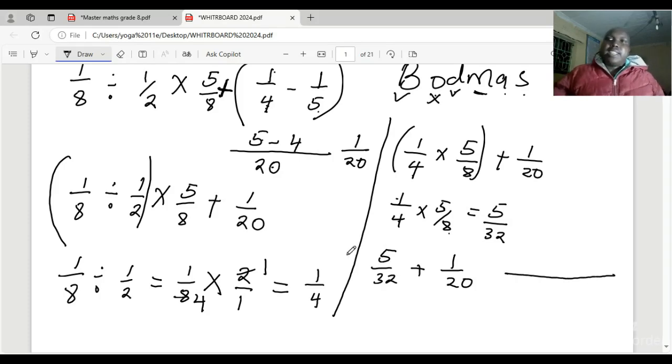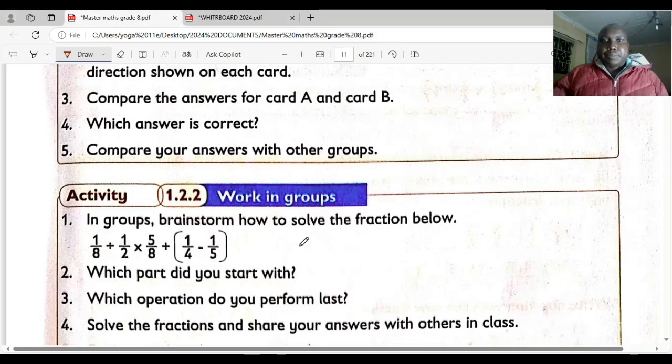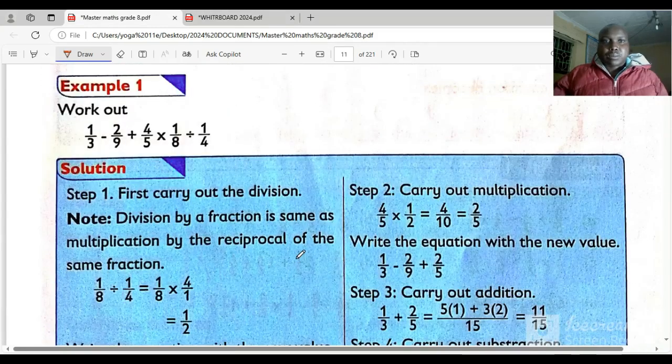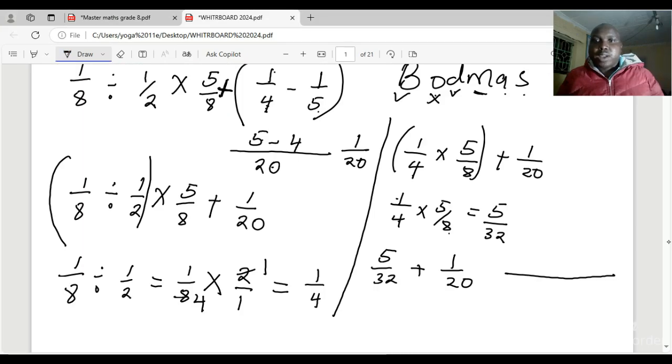You find the LCM there. Of 32 and 20, you can multiply directly. 32 times 20, which is 640. You can use 640. Even 320 will work, 160 will work. So take the least LCM, so we will take 160.